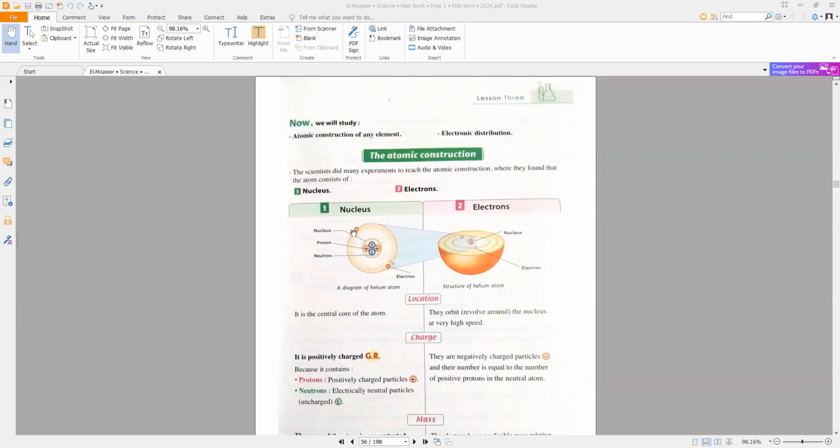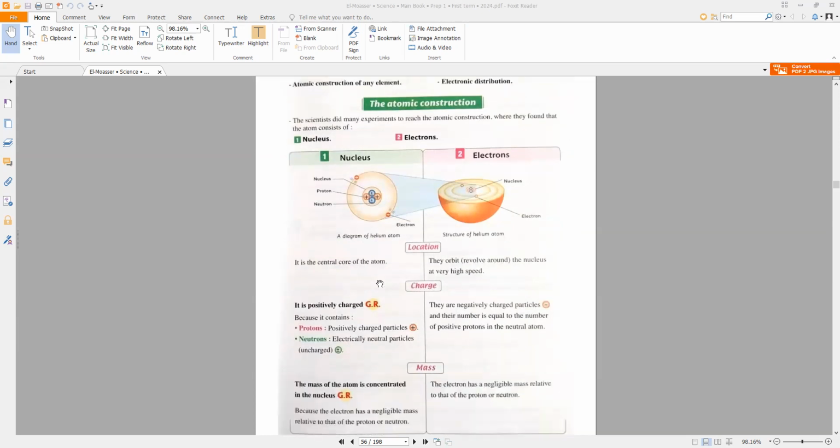And the electron has a negative charge, and there is information that the number of electrons that revolve around the nucleus is equal to the number of protons that are present inside the nucleus. So the atom is neutral. Why? Because in the ordinary state the number of positively charged protons in the nucleus equals the number of negatively charged electrons that revolve around the nucleus.